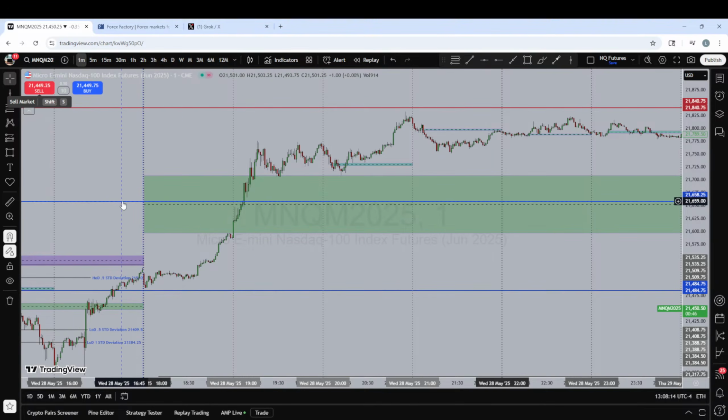This is the 1, this is the 2. I don't have it here because I wasn't expecting it to go that high from the get-go. I was expecting a little retracement, and then today I was expecting this move. But nonetheless, it happened yesterday during Asia and during London. I don't trade those hours, so it's okay.